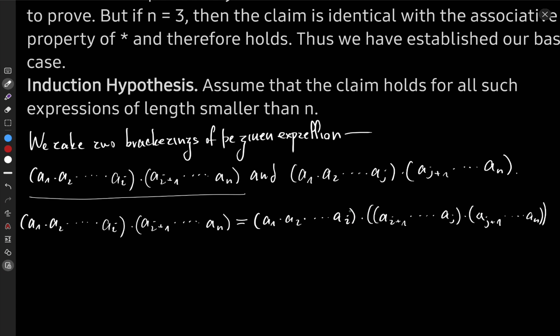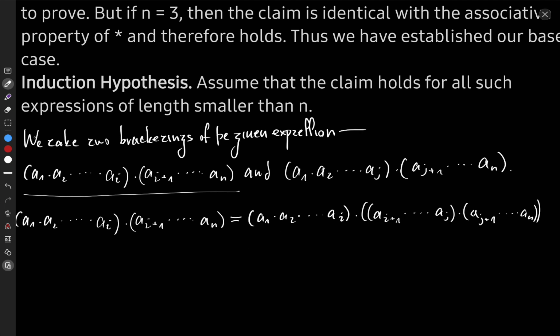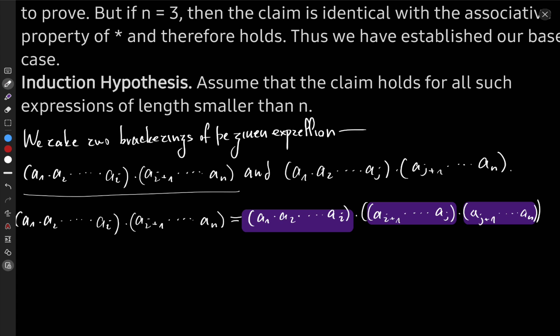We have essentially three entities here, and we know that for three elements, associativity works, so we can change the brackets. So we change it to this, AJ times AJ plus 1.